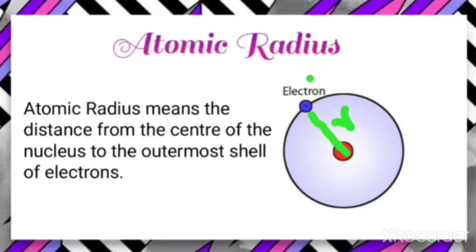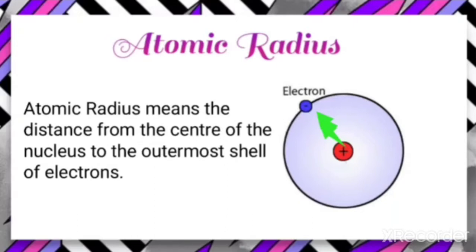What is atomic radius? That is the distance from the center of the nucleus to the outermost shell of electron. That means the atom has a number of shells.